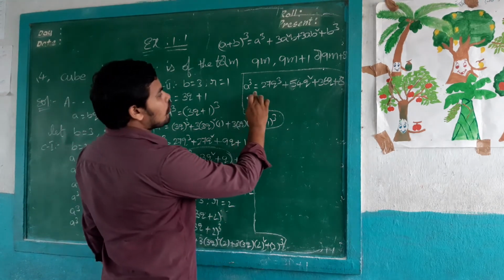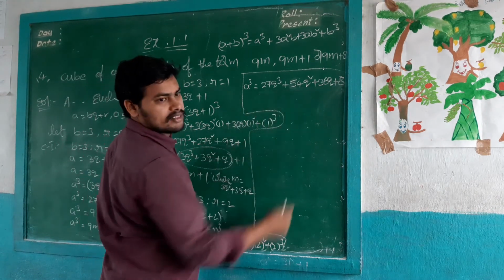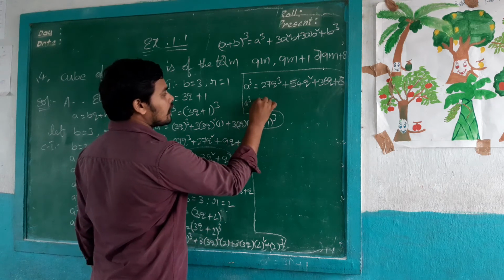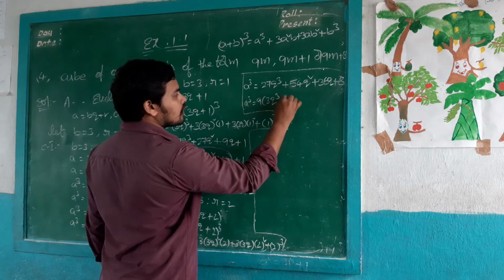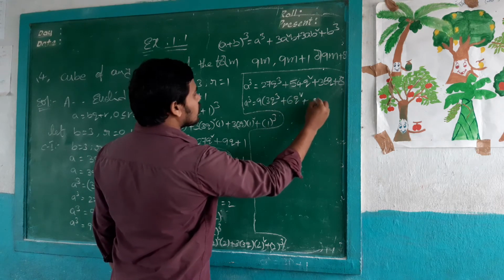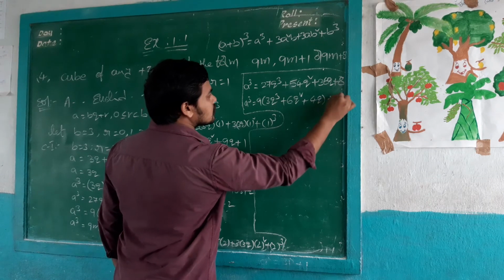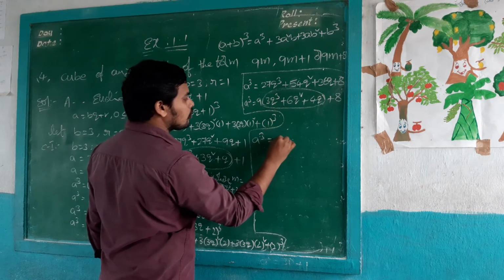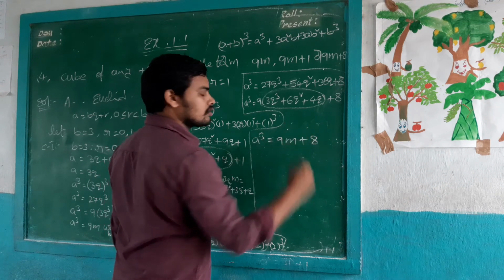What is the common factor of the first 3 terms? 9. So A cube equal to 9 into 3Q cube plus 6Q square plus 4Q, plus 8. So now it can be taken as A cube equal to 9m plus 8.